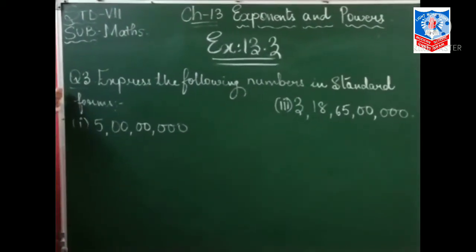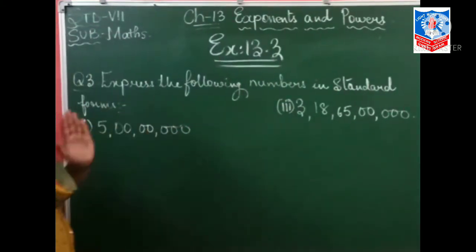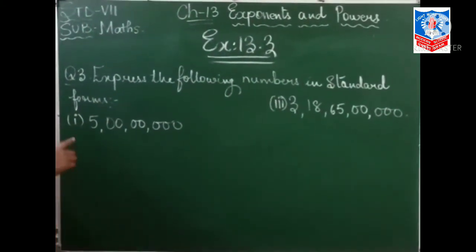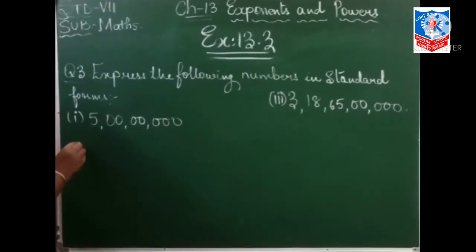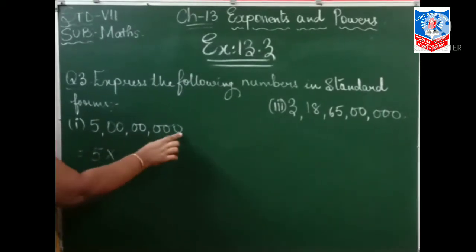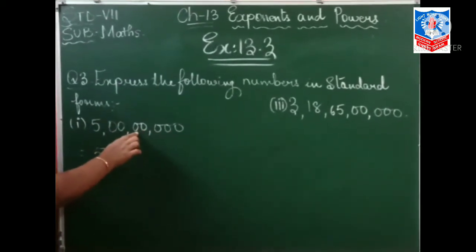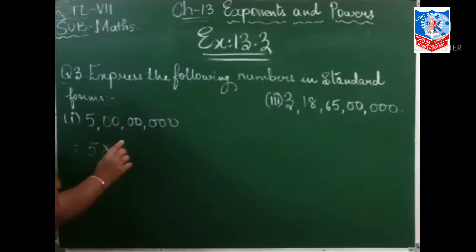Question number 3. Express the following numbers in standard forms. Now see here. 5 crore. So how you will write? 5 into, now see, 1, 2, 3, 4, 5, 6, 7. 10 raised to the power 7.